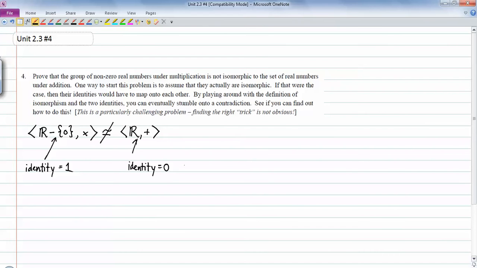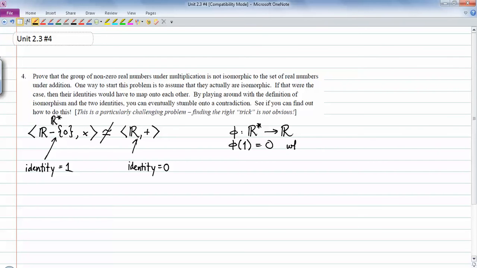So if I'm trying to come up with an isomorphic function from R star, another way of saying non-zero real numbers, to R, where the star often means everything but 0, I know that phi of 1 has to turn into 0, because the identities have to map onto each other.